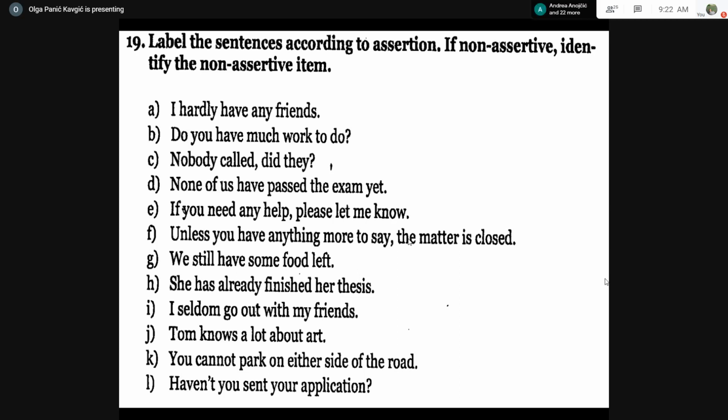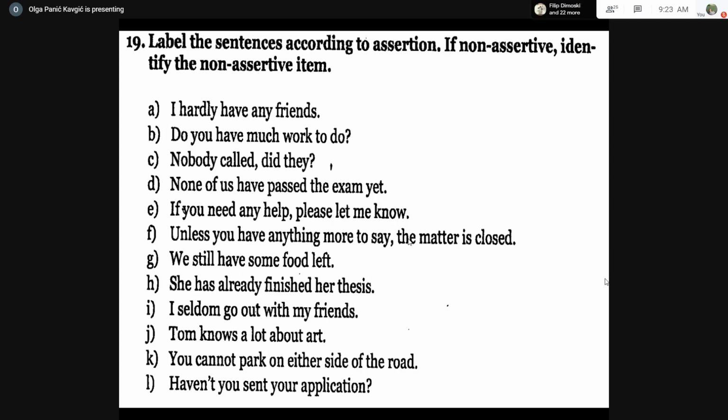It's assertive, good. Find the assertive item. A lot. Yes. So if you want to make it negative, you would say Tom doesn't know much about art, or doesn't know anything about art, but in any case it wouldn't remain a lot. Okay, good. So a lot is the assertive item.